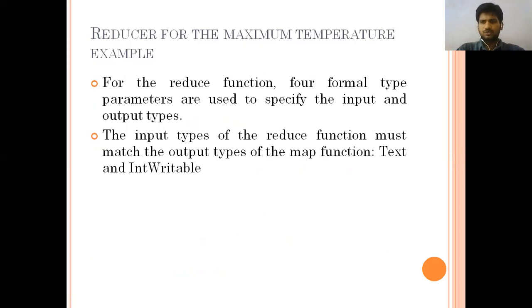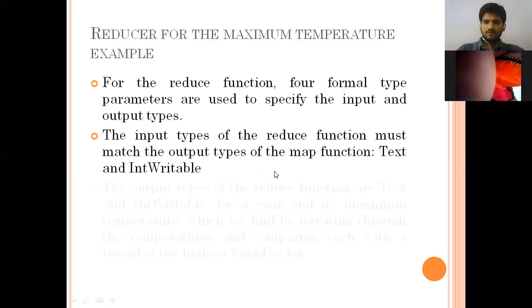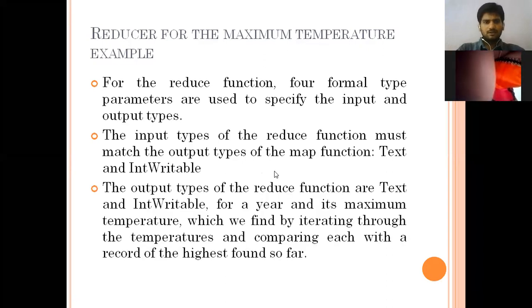So the input should come from the mapper, that is Text and IntWritable. This is what we get from the mapper phase. The reduce function gets the two inputs. The output types of the reduce function are Text and IntWritable.